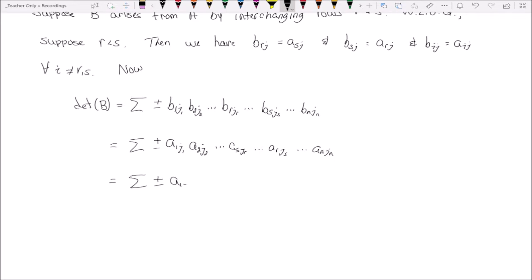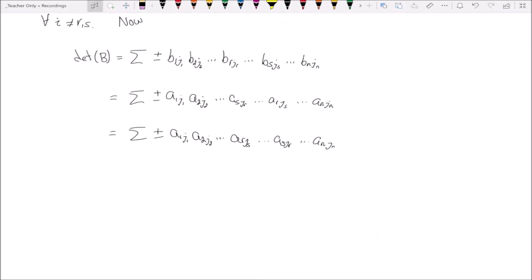Now let's just move our A_RJS term to come before the A_SJR term, just so that we have the row indexes in ascending order. Take a look at this permutation: J1, J2, JS, JR, JN.